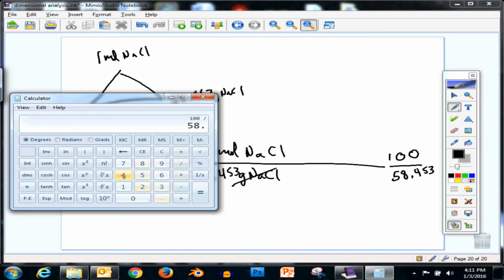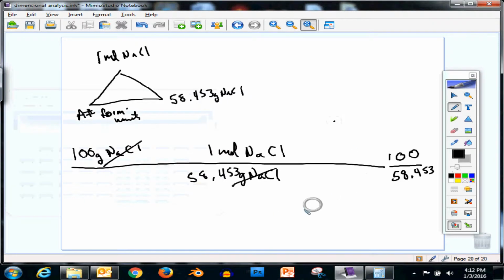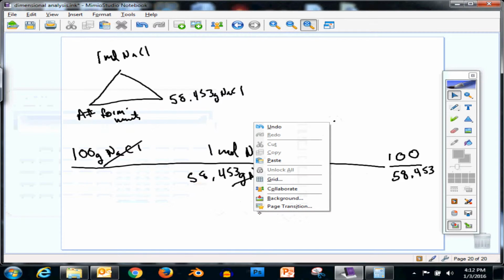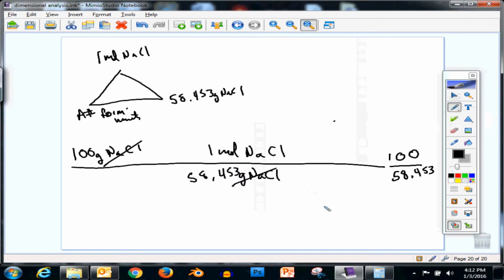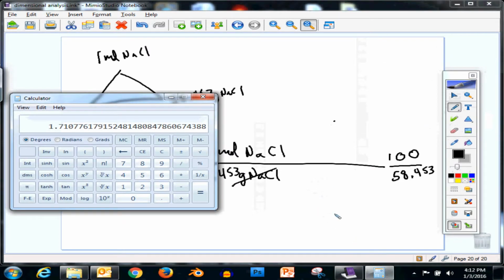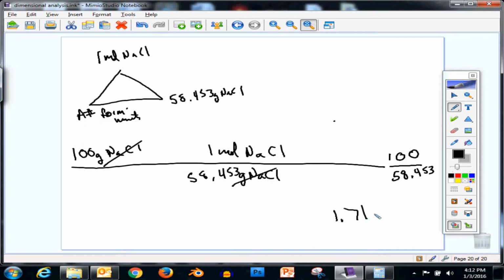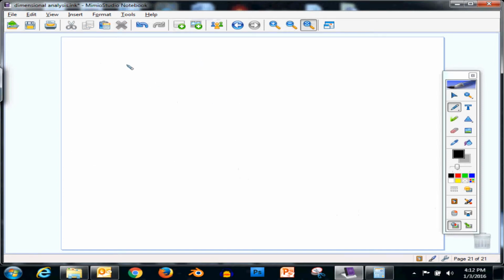Okay, so let's plug it in our calculator. 100 divided by 58.453 equals 1.71. So that equals 1.71 moles NaCl.